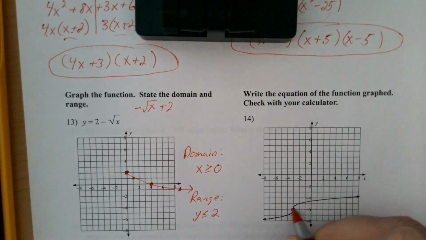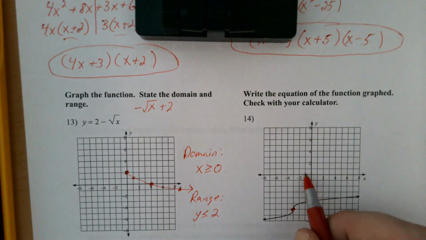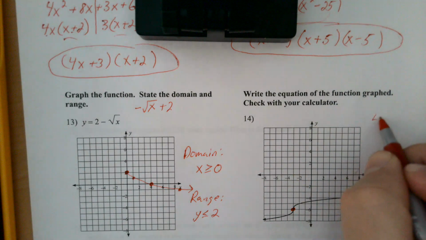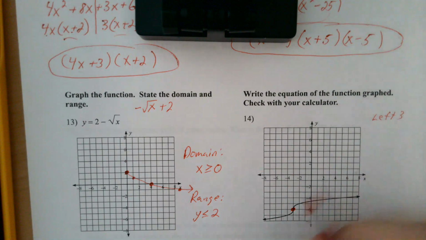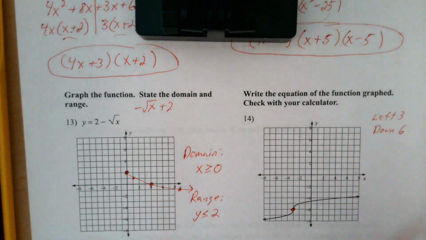Normally the cube root of x starts at the origin, but we moved it 1, 2, 3 places to the left. So left 3, and then it looks like we went down 1, 2, 3, 4, 5, 6. Down 6. And it's our job to write a cubic function with those conditions.